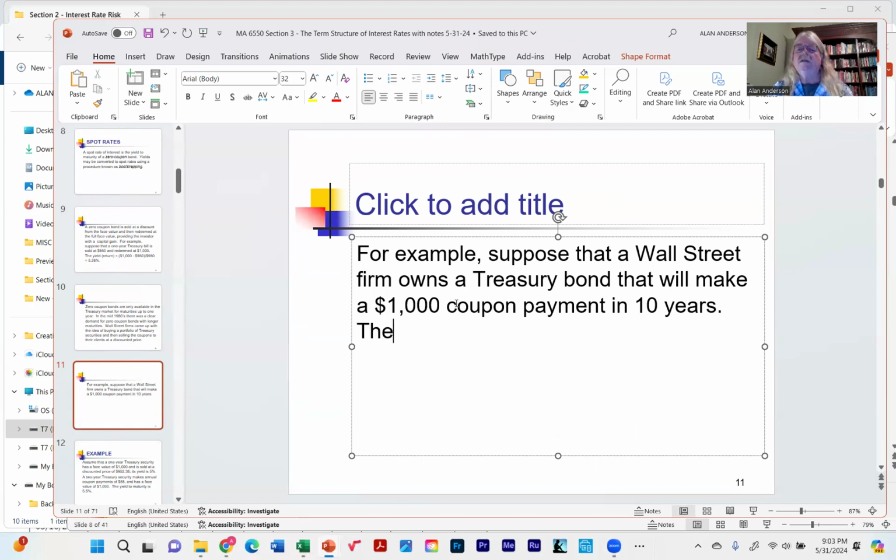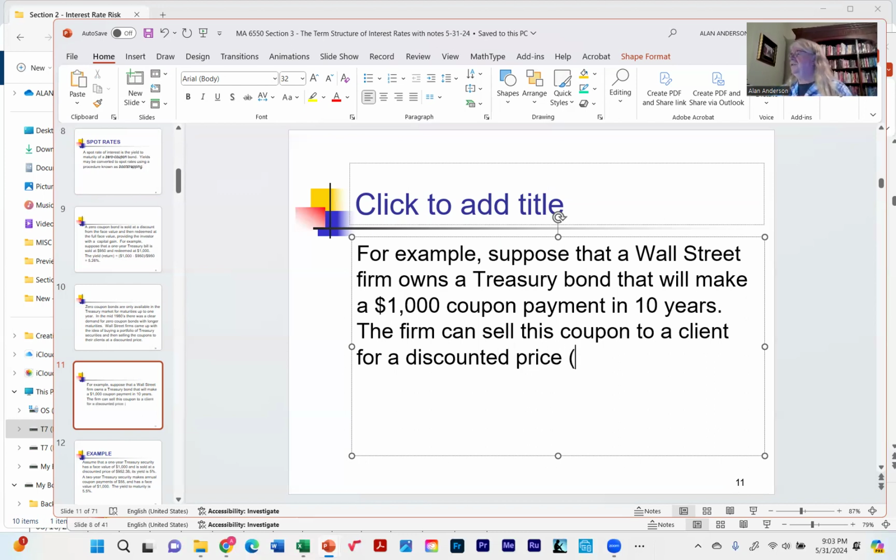The firm can sell this coupon to a client for a discounted price. And for 10 years, let's just say that the price would be, we just make up a number.